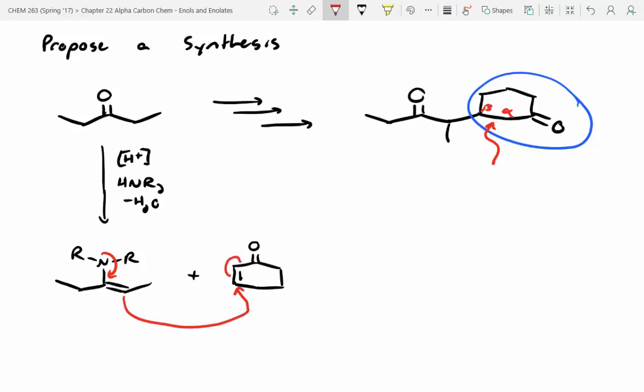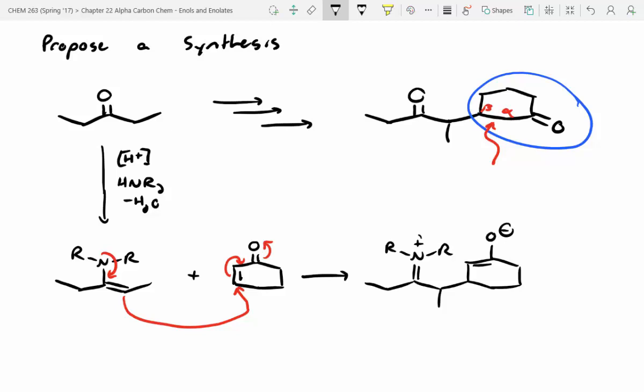This is going to attack, kick over, and kick up. And now we've got our imine and we've got our enolate.